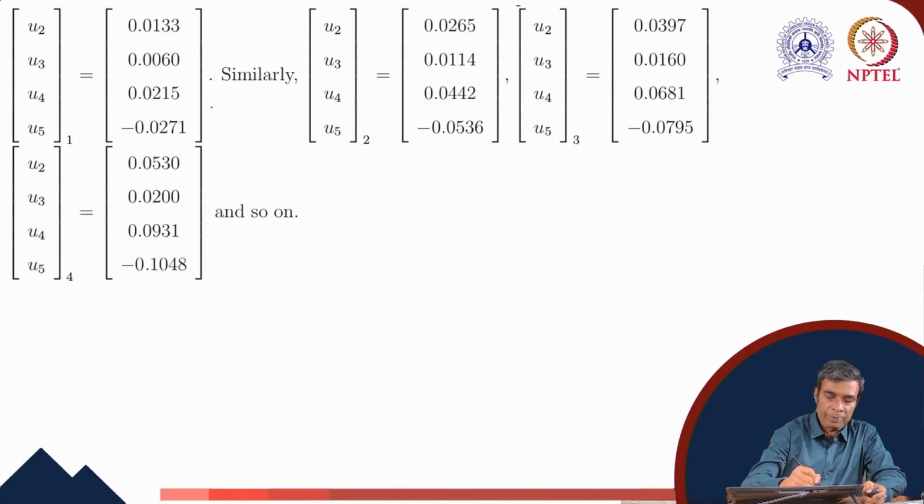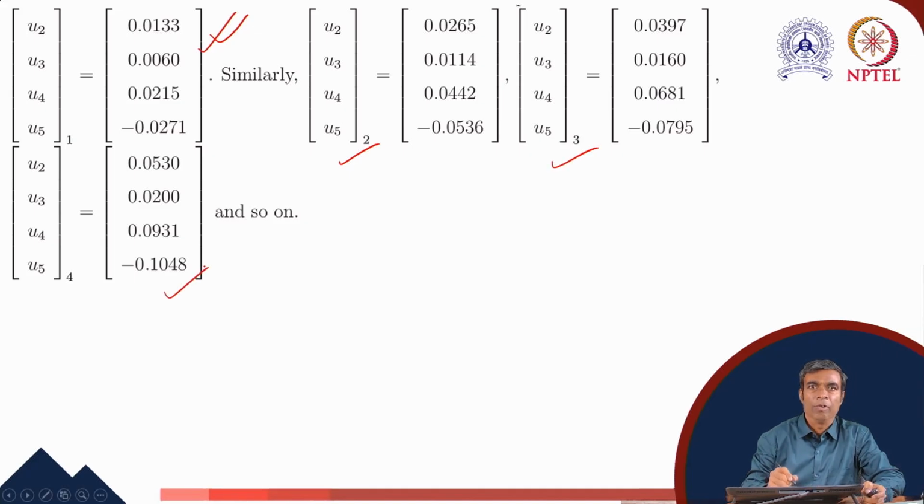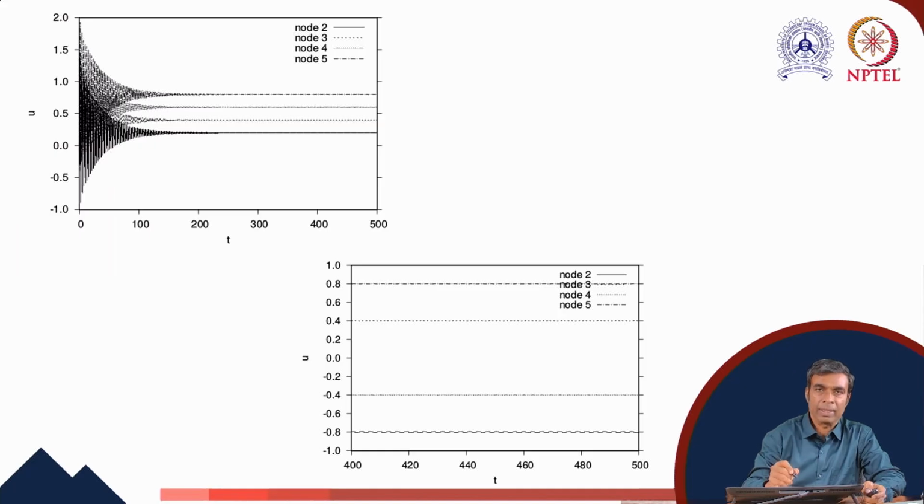So we have got these values which I am indicating. Using this first level solution, we get the subsequent solutions. Some of the results are shown for the second level, third level, fourth level, and so on. Finally, we show the results for the converged case.